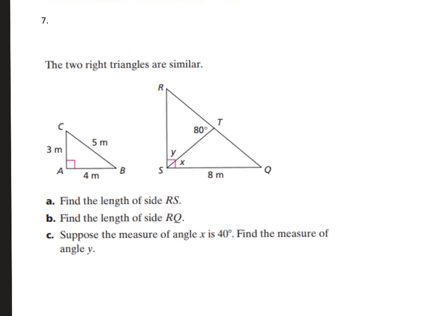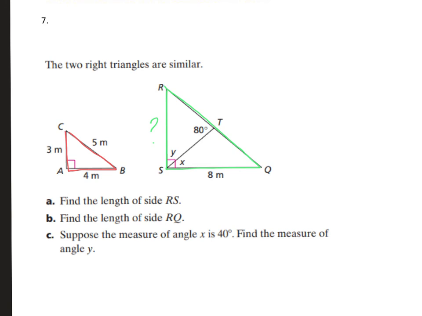Okay, next one, the two right triangles are similar. So this triangle, the red triangle, is similar to this triangle. Find the length of RS. So we don't know what this one is. So first I can find the scale factor.